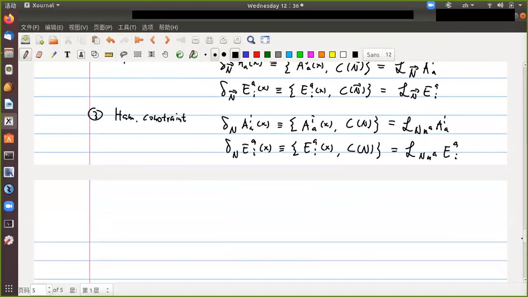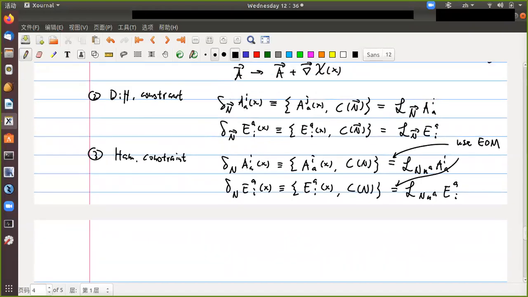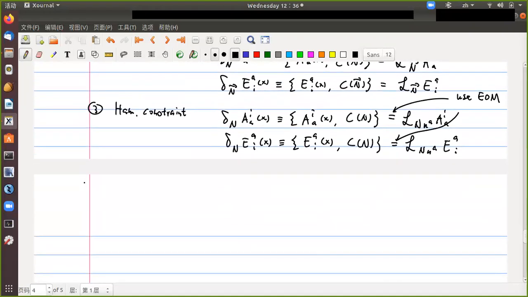So these are the gauge transformations generated by the constraints, and I have mentioned that they are all first class, which means you can work out the constraint algebra.